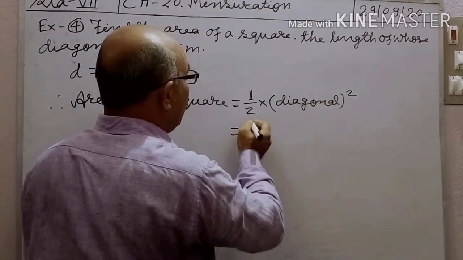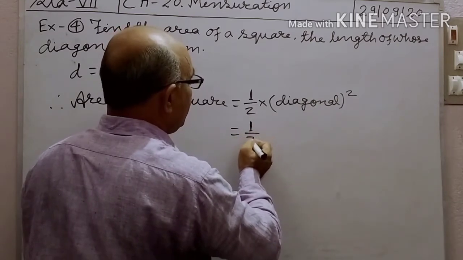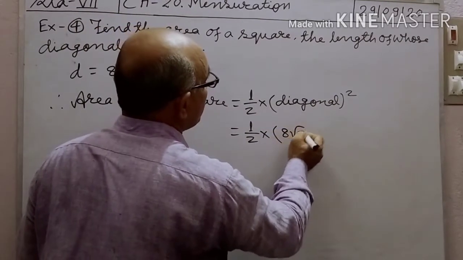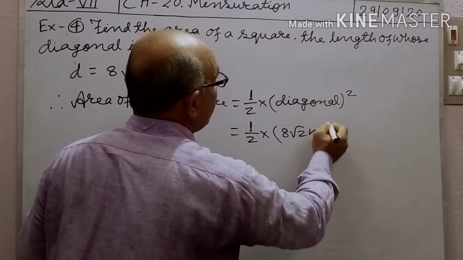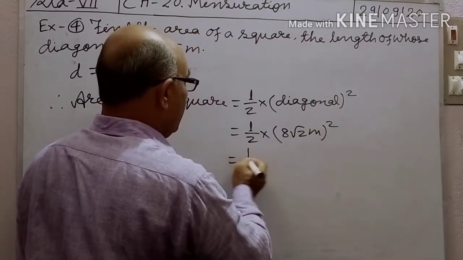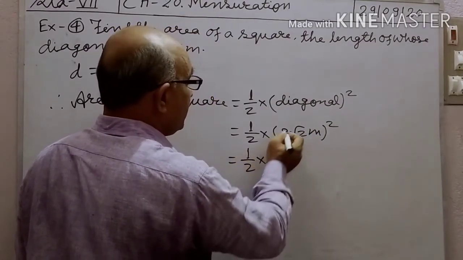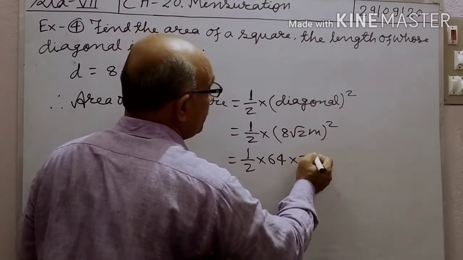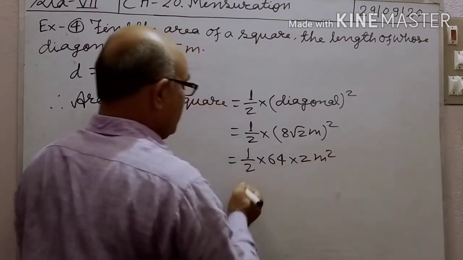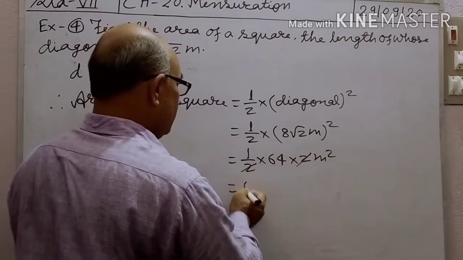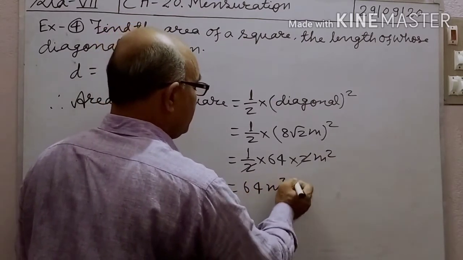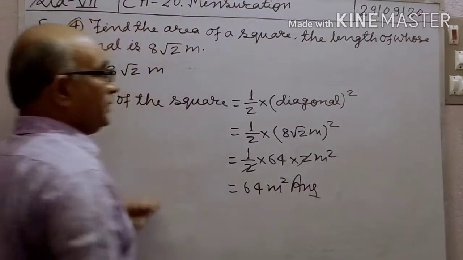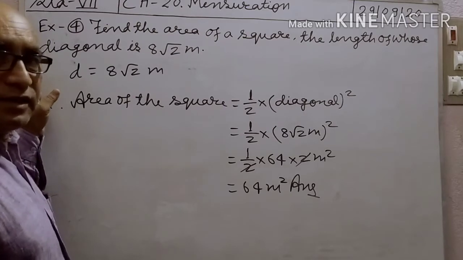So 1 by 2 into diagonal, which is 8 root 2 meter, square equal to 1 by 2 into 8 square 64 into root 2 square 2 meter square. 2 cancel, equal to 64 meter square. Answer of this question. Students, understand and write it.